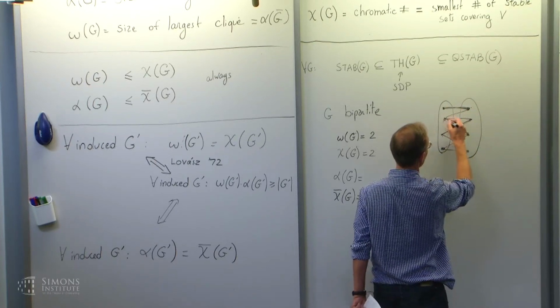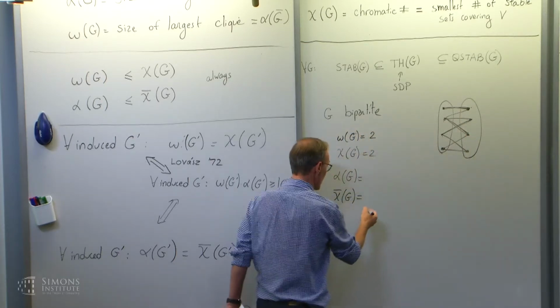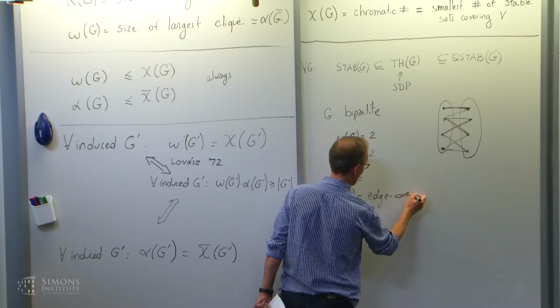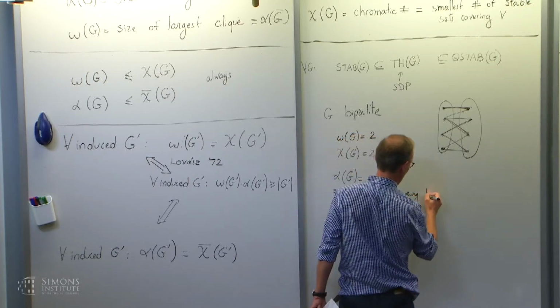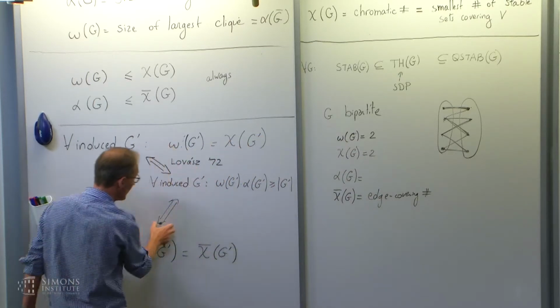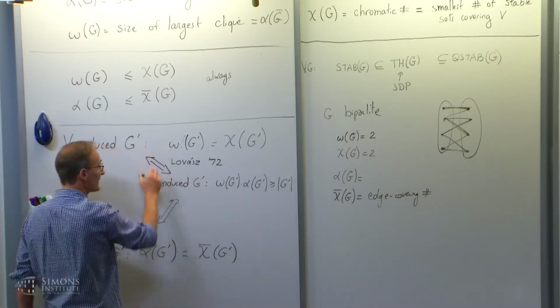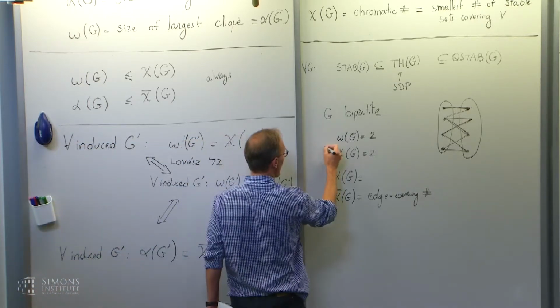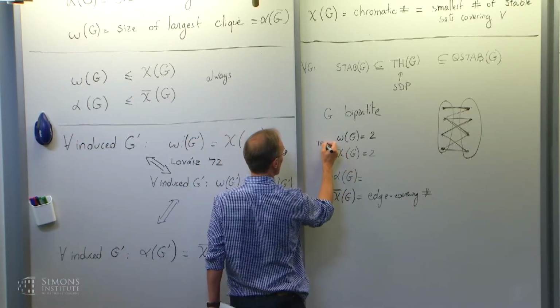In this case, everything is covered. But this is known as the edge covering number of the bipartite graph. So if I was using Lovász's equivalence, then since this is trivial, you have equality.